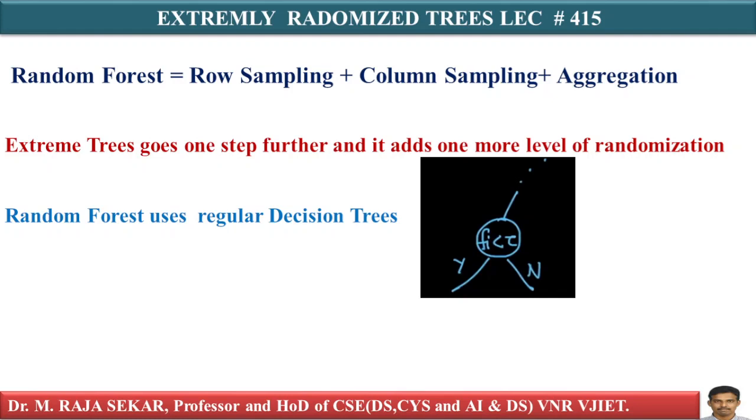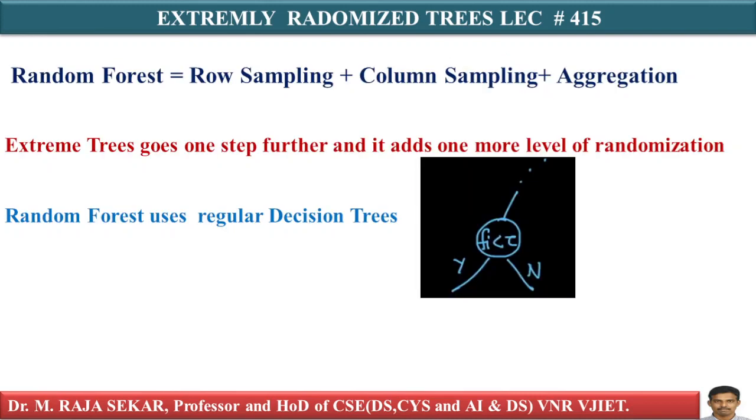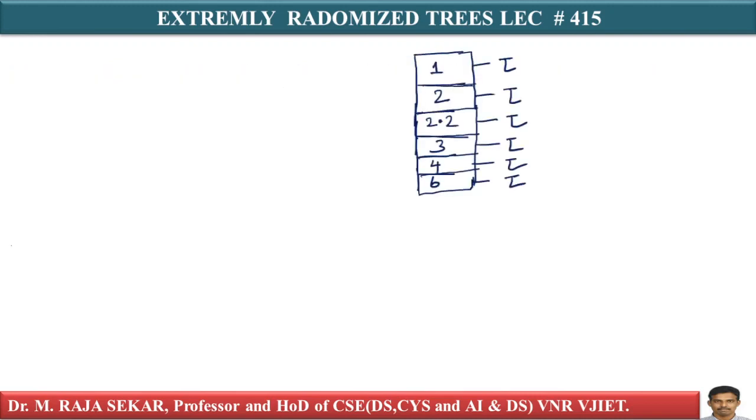We first sort all the values of fi. Let me assume these are the values of my fi: 1, 2, 2.2, 3, 4, and 6.